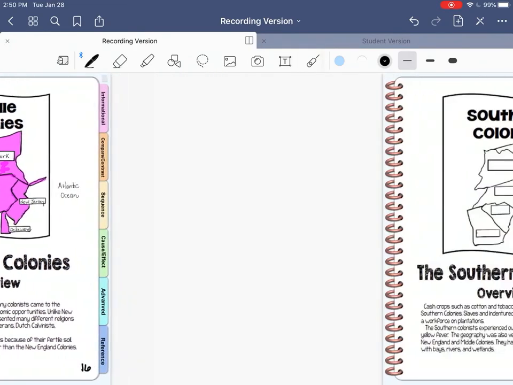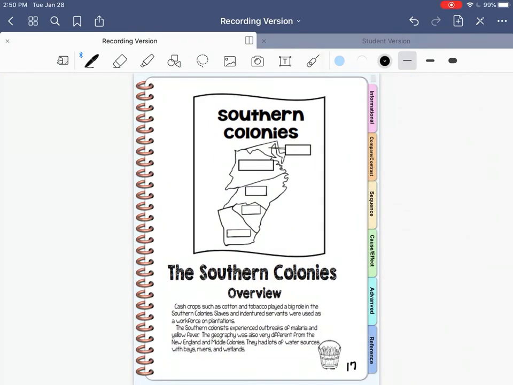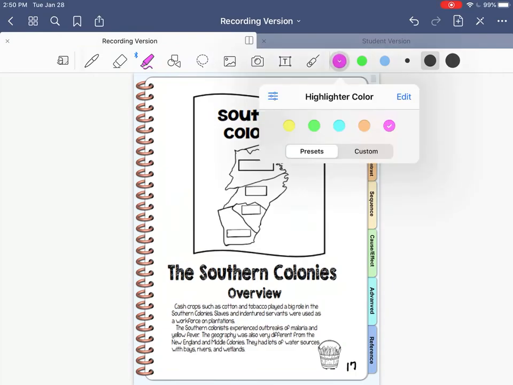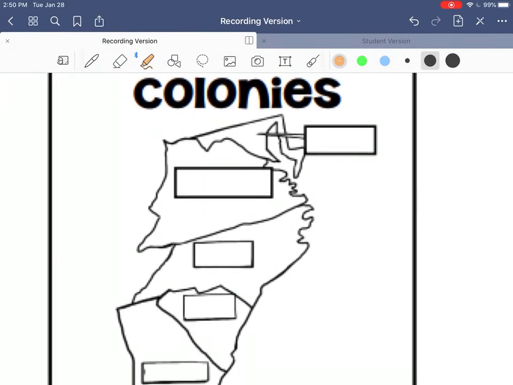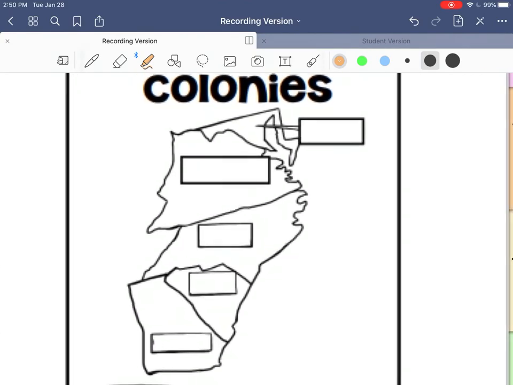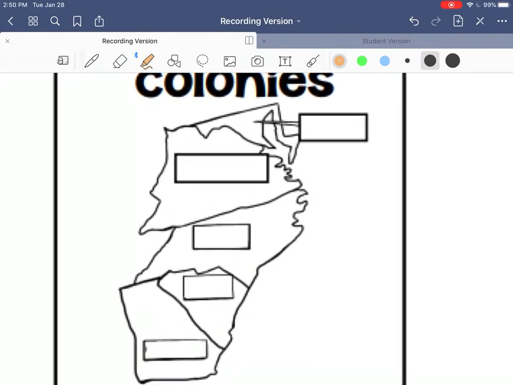And let's turn to page 17. We'll get the southern colonies. These are orange. So this top one here, let's color them one at a time so you can see the shape of the states. This one is where a lot of our government activities occur for the United States. This is the state.